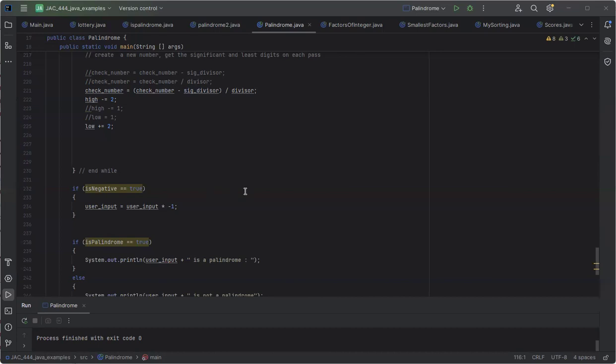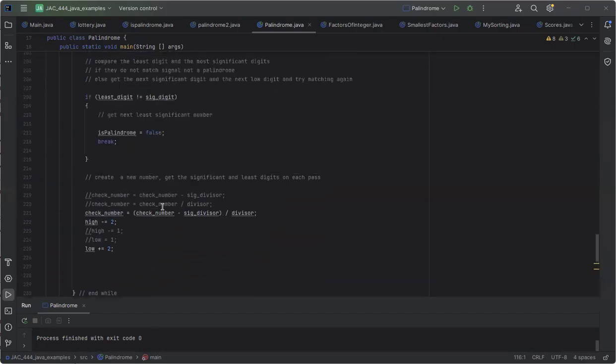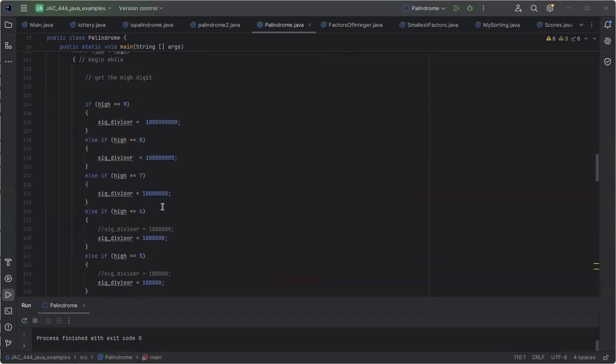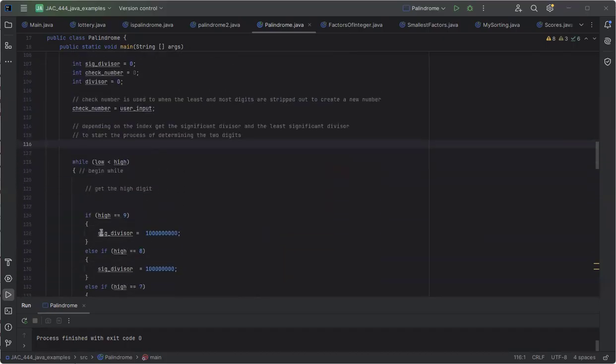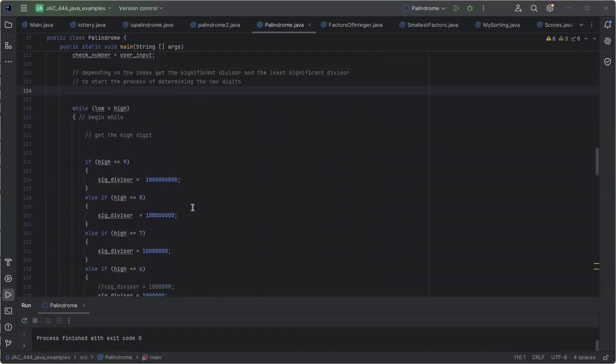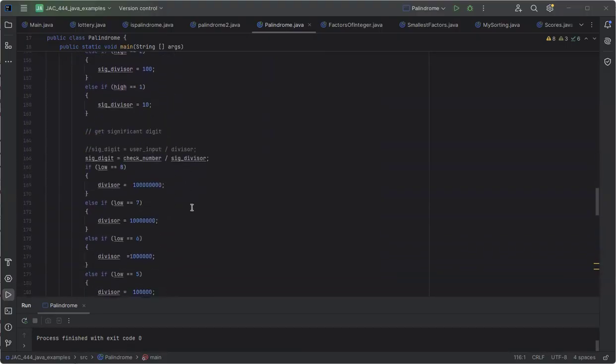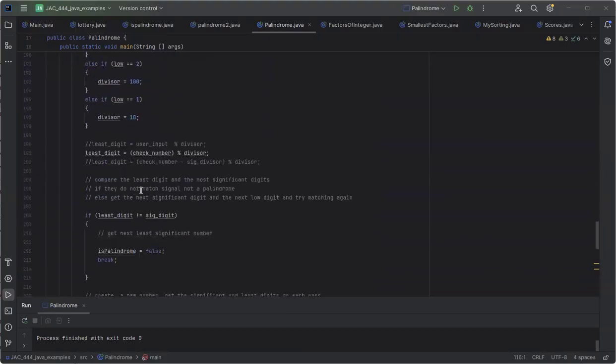If in any case it doesn't match, well, this code right here. If the two digits don't match, we know two sets of the digits don't match, and the palindrome is false. It's not a palindrome.